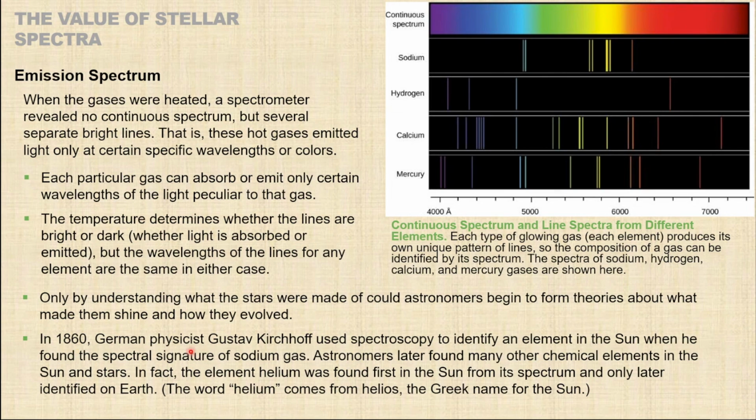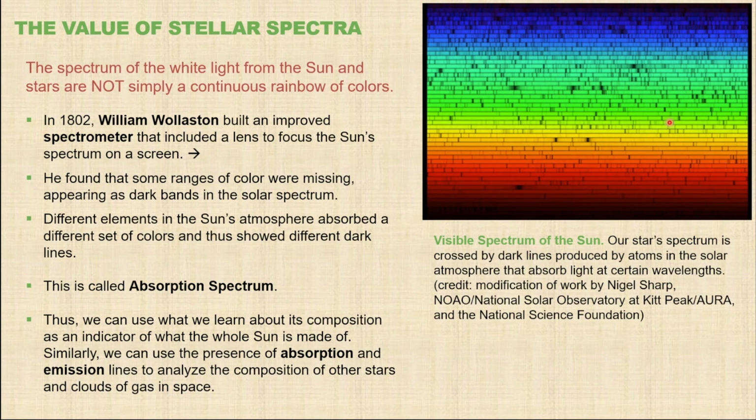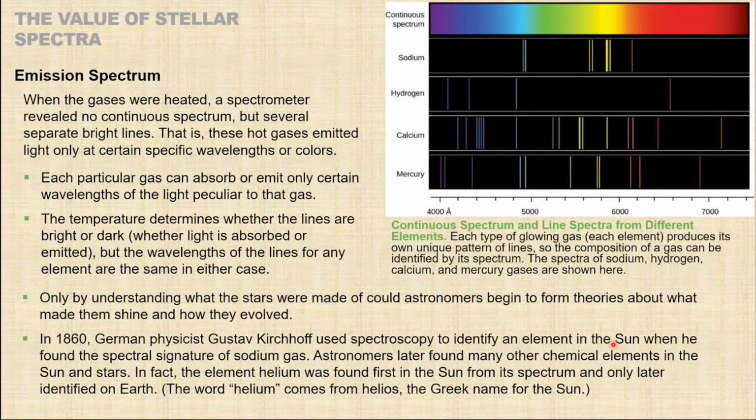Again, in 1860, German physicist Gustav Kirchhoff used spectroscopy. He measured these spectral lines coming out of stars and created a whole catalog, especially for sodium.